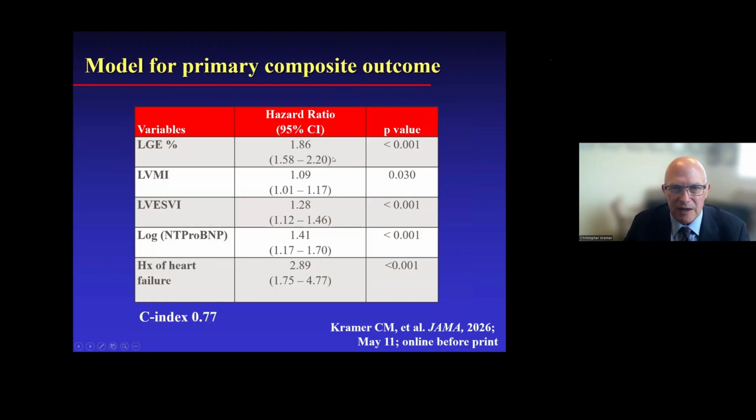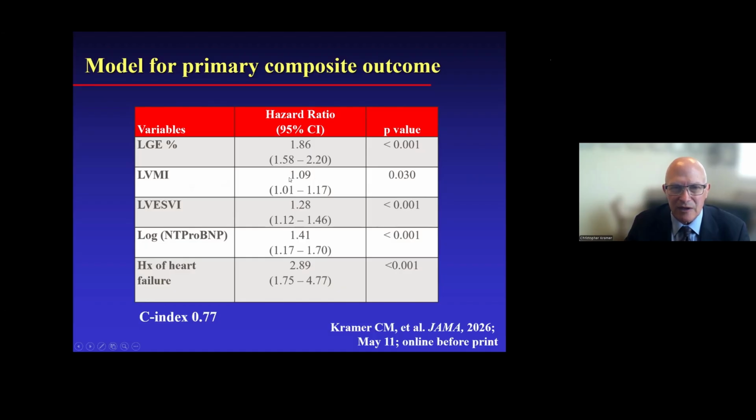Firstly, late gadolinium enhancement with a hazard ratio of 1.86 per 10% increase of LGE. The best single cutoff, again, it's a continuous variable, but 9% turned out to be the best cutoff, which is at the 95th percentile of the patient group.